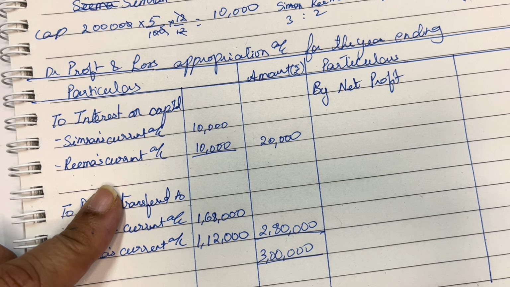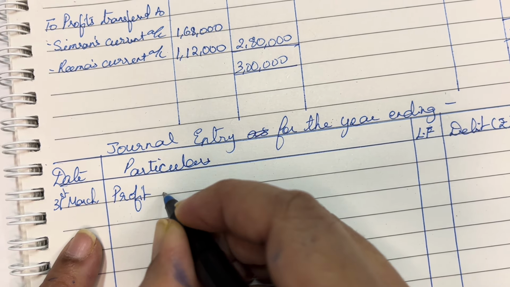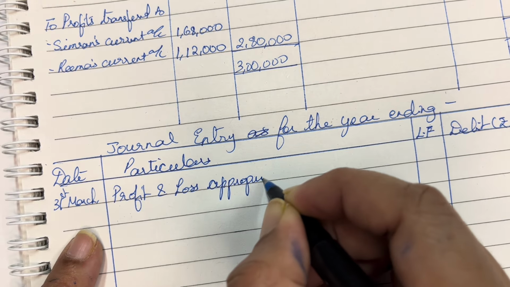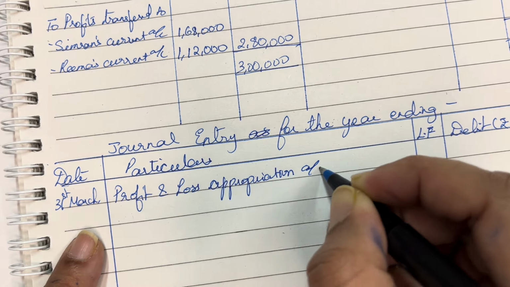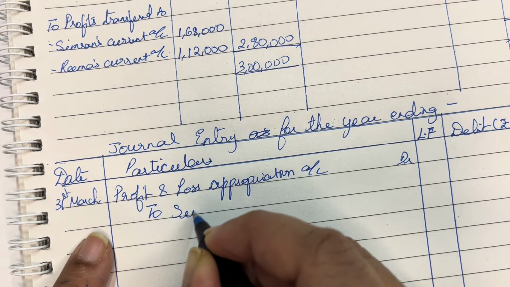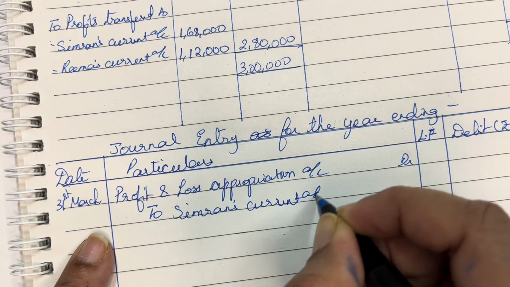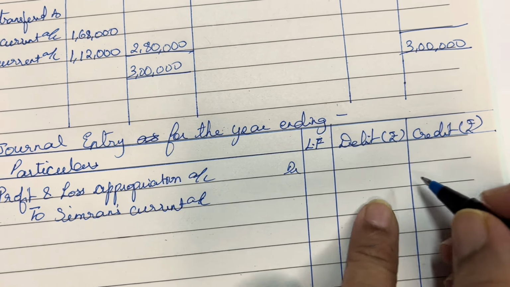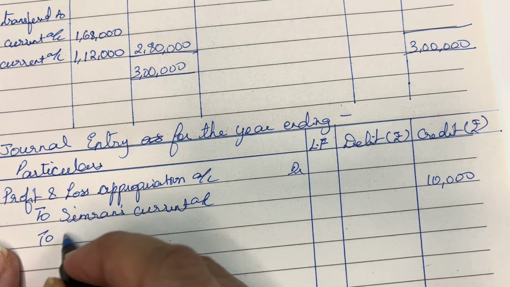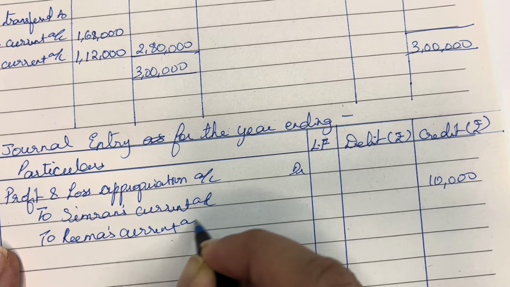Okay, what is our first entry? Profit and loss appropriation account debit to Simran's current account. How much is the amount? Rupees 10,000 to Reema's current account.